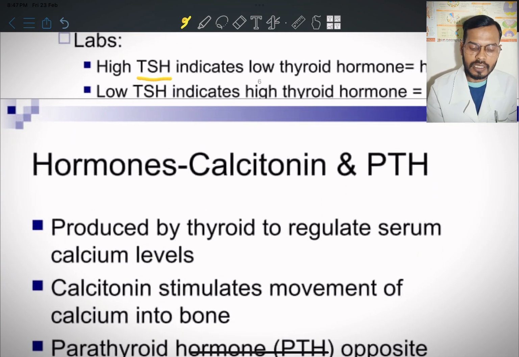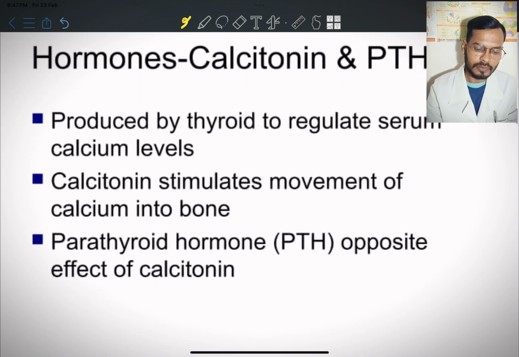High thyroid stimulating hormone indicates low thyroid hormone and leads to hypothyroidism, and low thyroid stimulating hormone indicates high thyroid hormone and leads to hyperthyroidism.